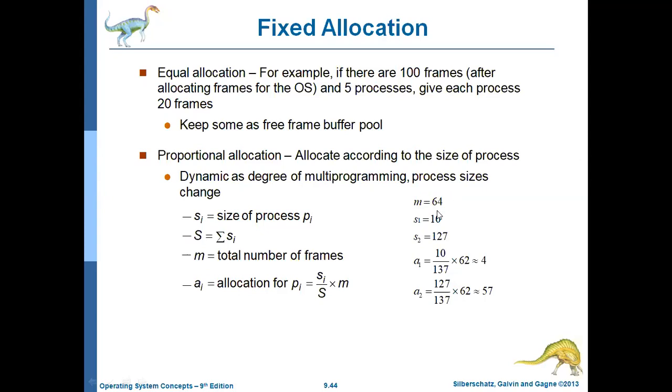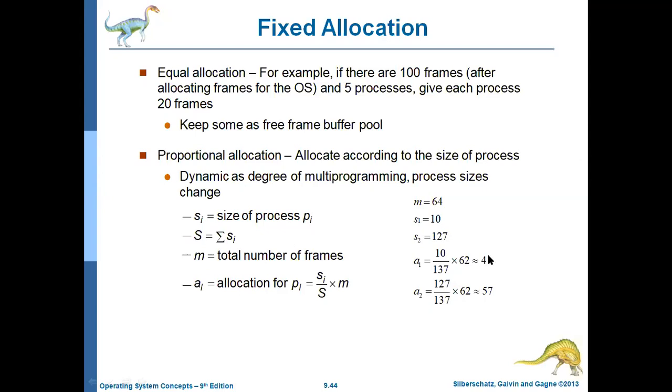So it is something like, if my M value, the total number of frames, is 64. S1 has a value of 10, that is 10 pages for that process. S2 has 127. So the allocation I have to make is given by 10 divided by 137, because the summation of Si is 127 plus 10, which is 137, multiplied by M. M is 64, so 64 minus 2, 62 frames are used there.